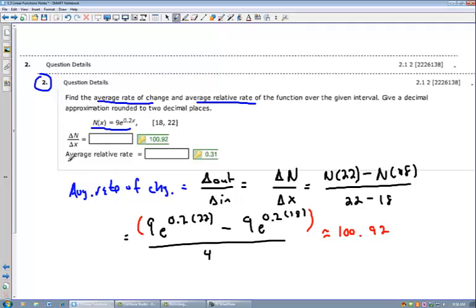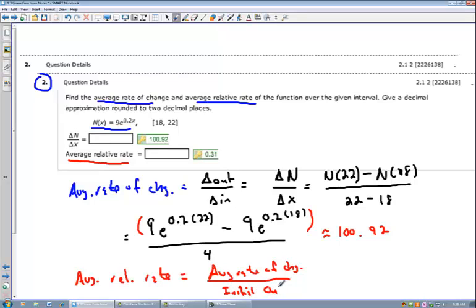The next thing you want to do is find the average relative rate. And this is basically a percentage to see how it grew relative to what happened before. So the average relative rate is equal to the average rate of change divided by the initial output.